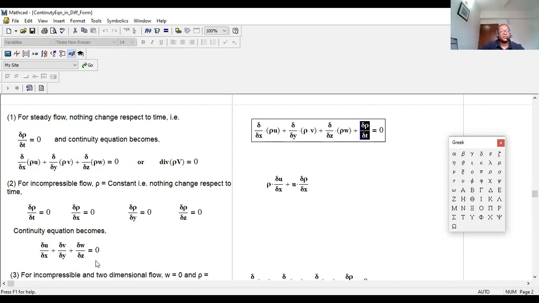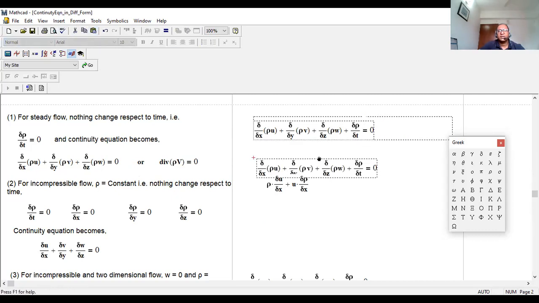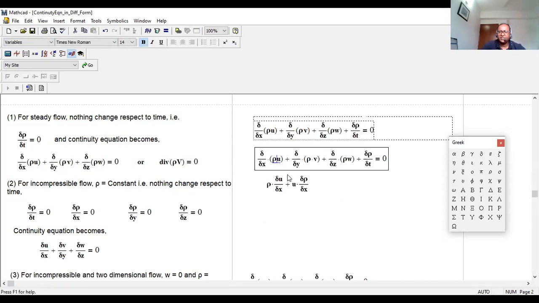Then what I am saying is, right over here, if I take this line again, writing over here, since rho is constant, I like to take that rho out, take it common, and this term is already 0, so I can delete this term. Now I miss the rho, right?